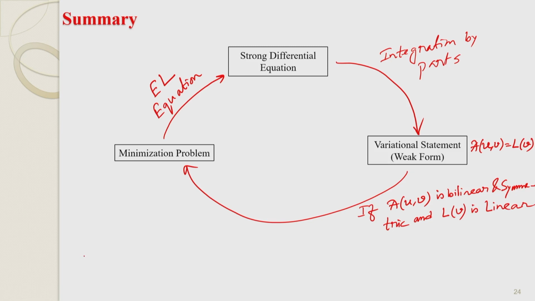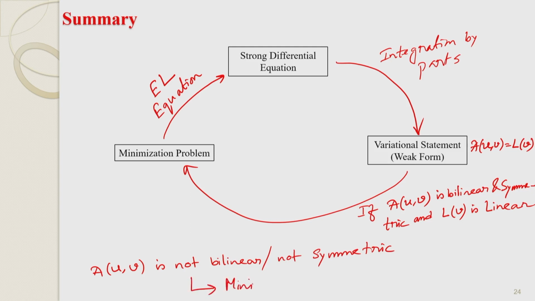Now, as I told earlier, for some differential equation it can happen that A u v is not bilinear or it is not symmetric. In that situation, the minimization problem does not exist.